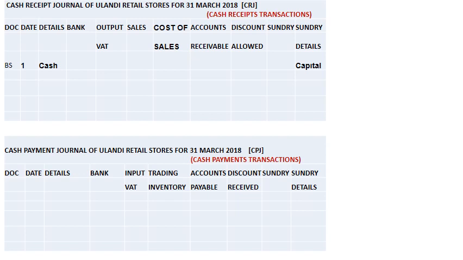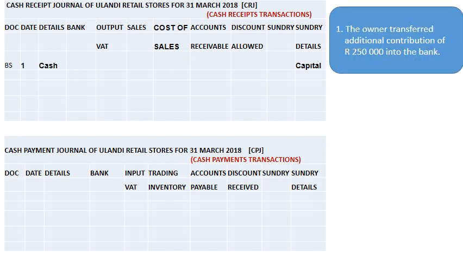In the previous slides, we have analyzed the transaction as cash or credit or returns transaction. Now, let us start to record all cash transactions from our example.